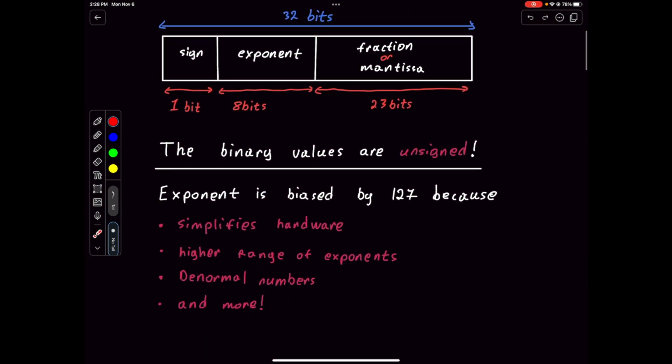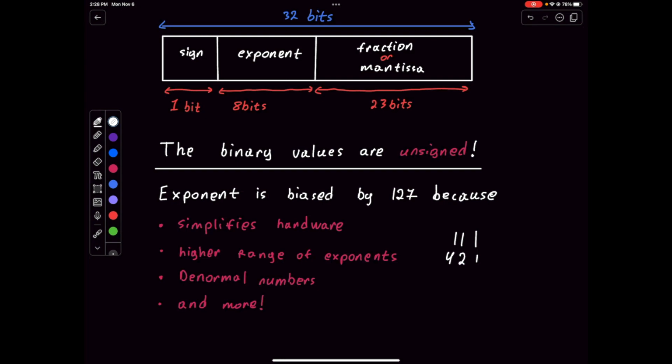Next up, we should know that binary values for the floating point representation are unsigned. What that means is that when we have, let's say, 1, 1, 1, if it was signed, this would be -1. But because it's unsigned, let's remember how we do it: 1, 2, 4.